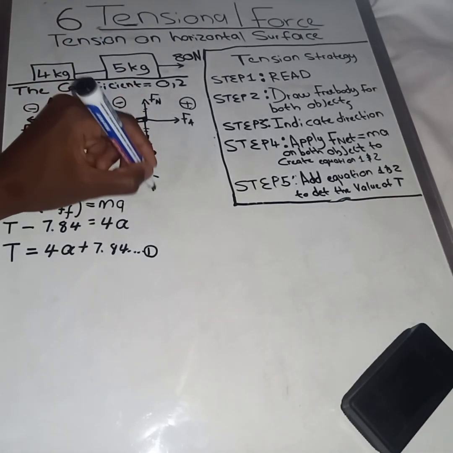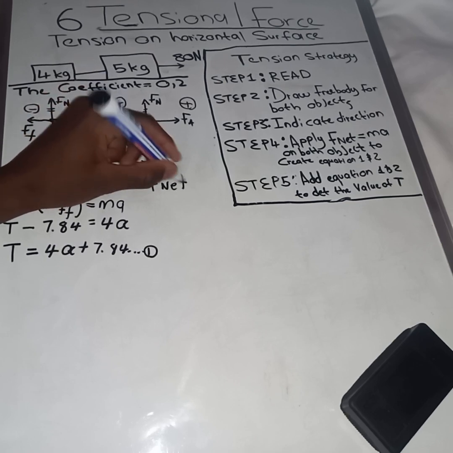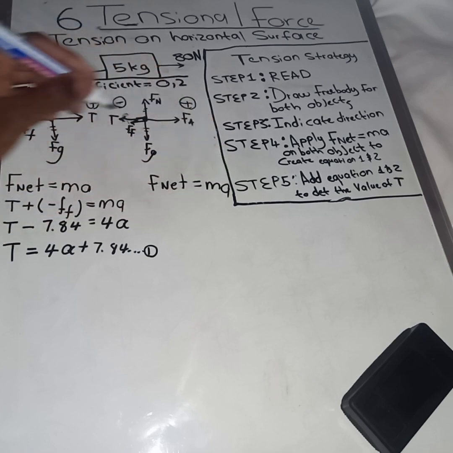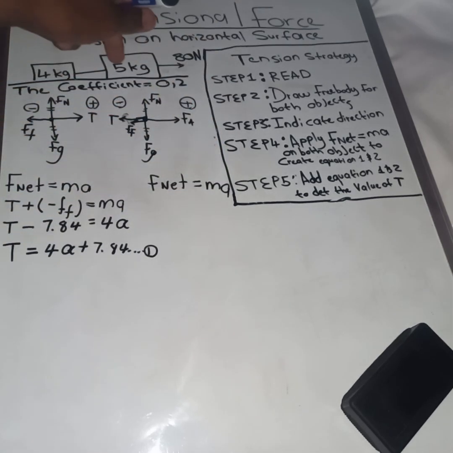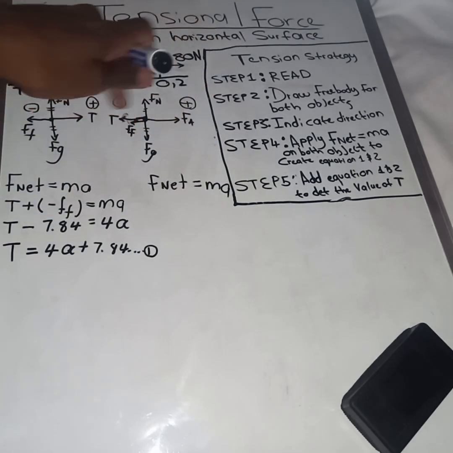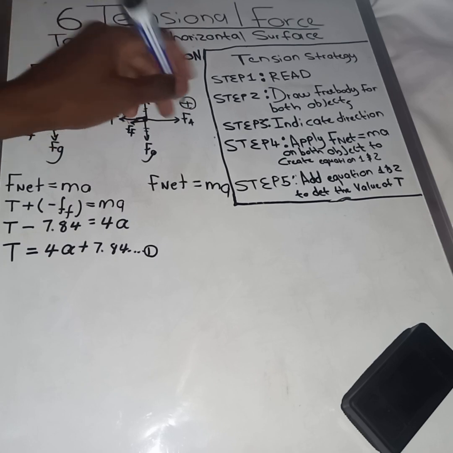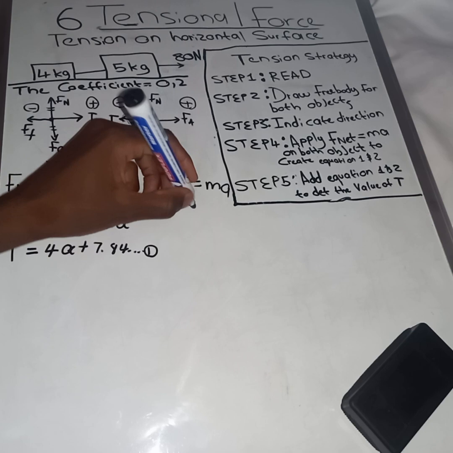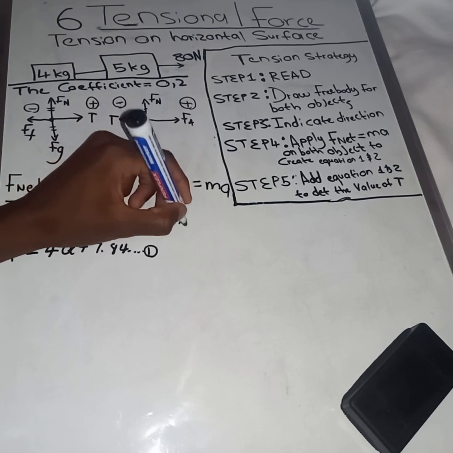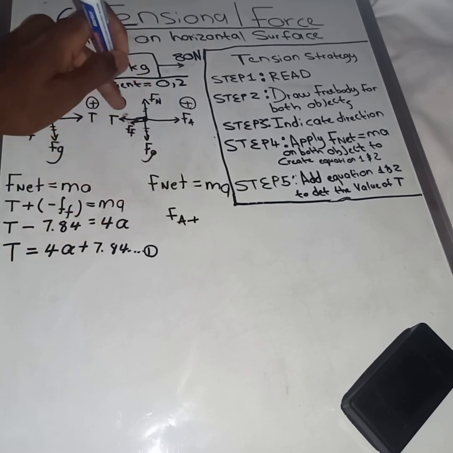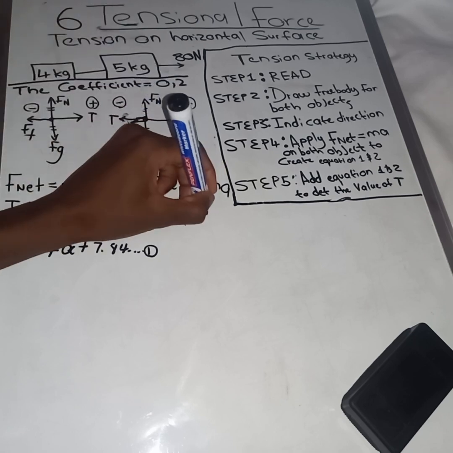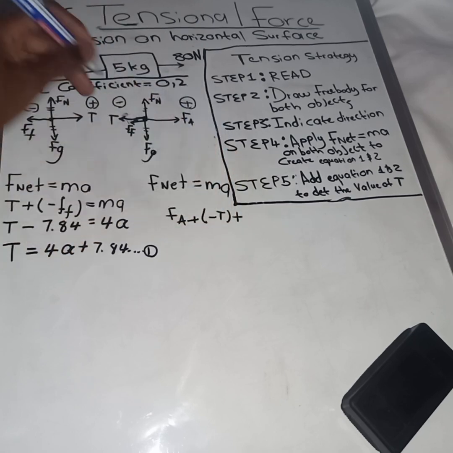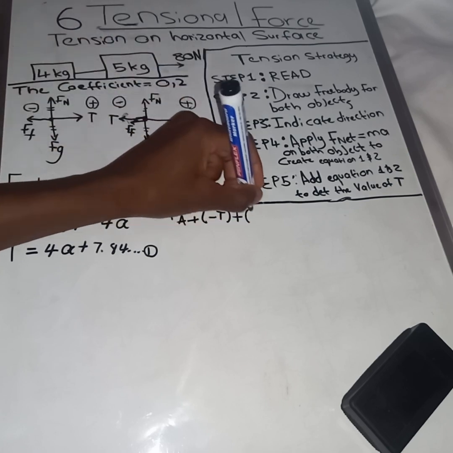Equation number 2 now. F net. So 5 kg, we have what? We have 3 forces. Always, to be safe, start with positive variables. So we have F applied plus negative tension plus negative friction.